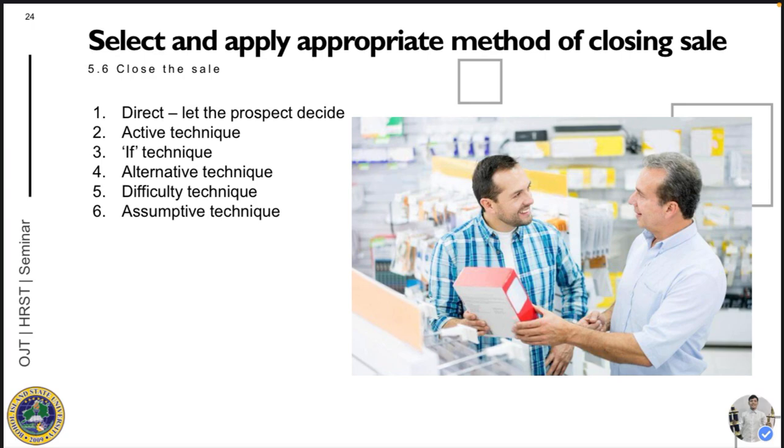The direct technique is the most common method used to close a sale. It is used when buying signals are strongest. Just for example, I observed in the market in Kandihay, when I chose a fish that we would like to have, I will cook fried fish.